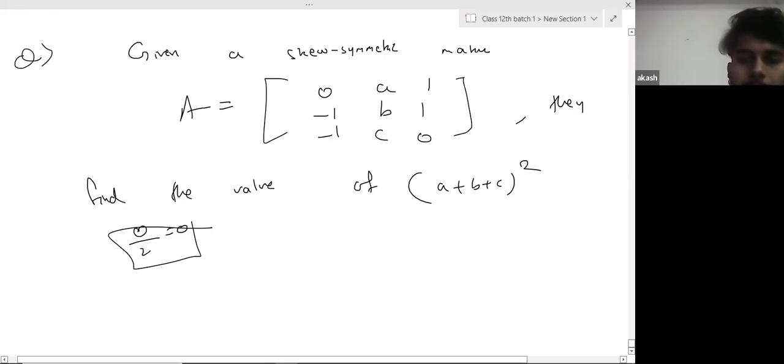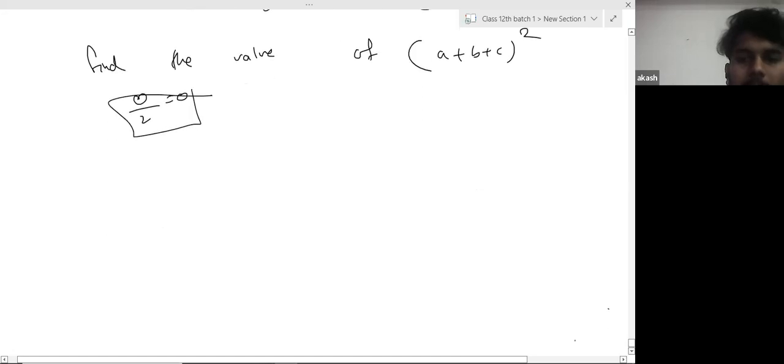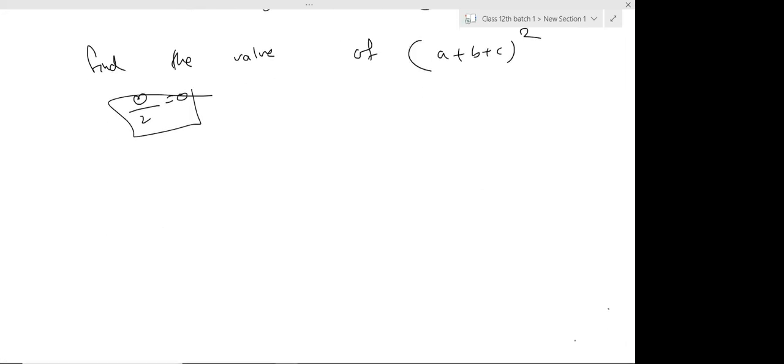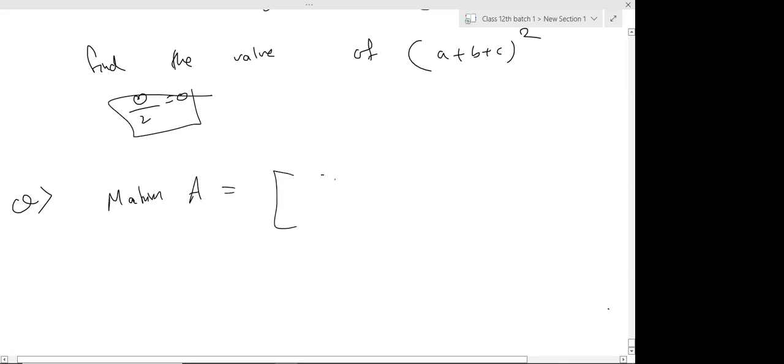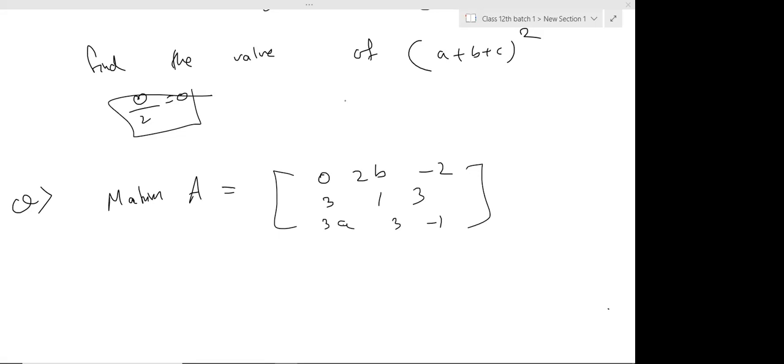One more question. Shekhani, this is clear how to solve? Matrix A is 0, 2b minus 2, 3, 1, 3, 3a, 3, minus 1. All right, Shekhani.